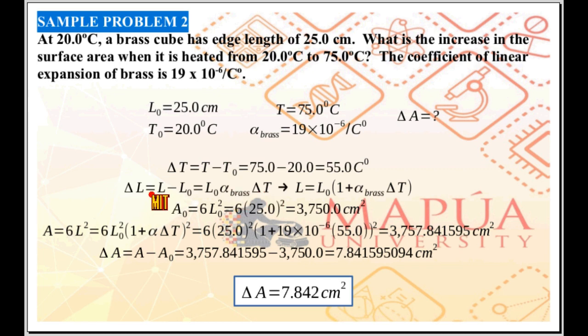Delta L is final length minus initial length, so L minus L naught, and delta L is equal to L naught alpha brass delta T. Transferring L naught to the other side, we get the equation for final length: L is L naught times the quantity 1 plus alpha brass delta T.